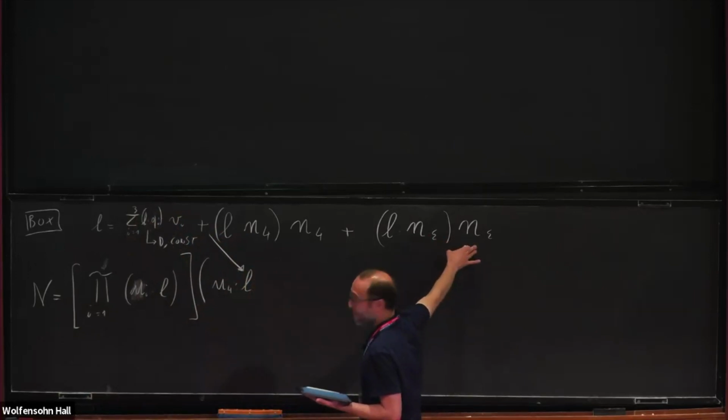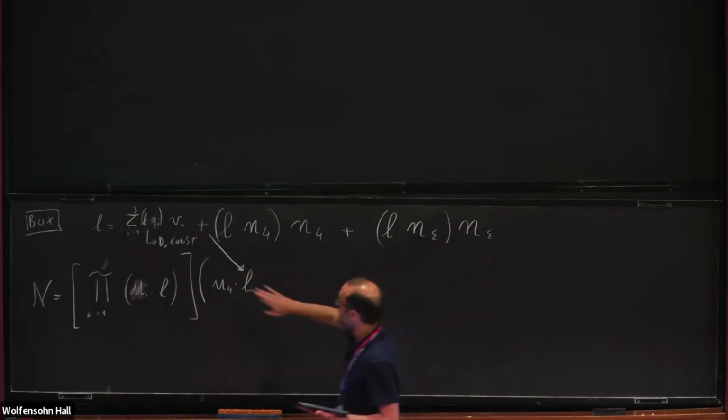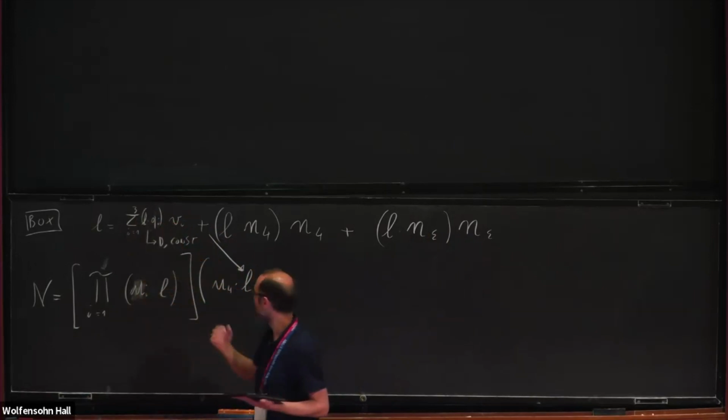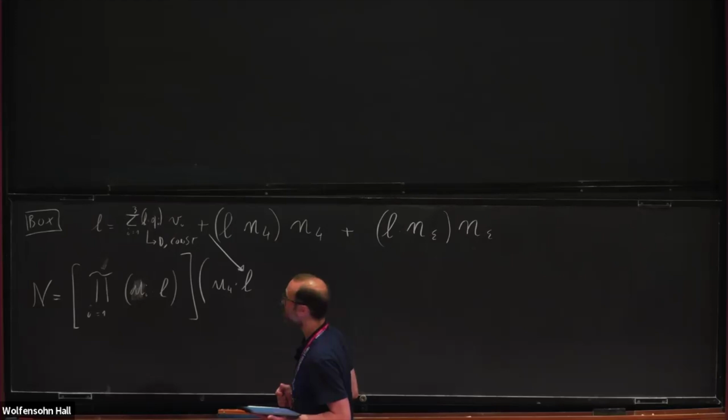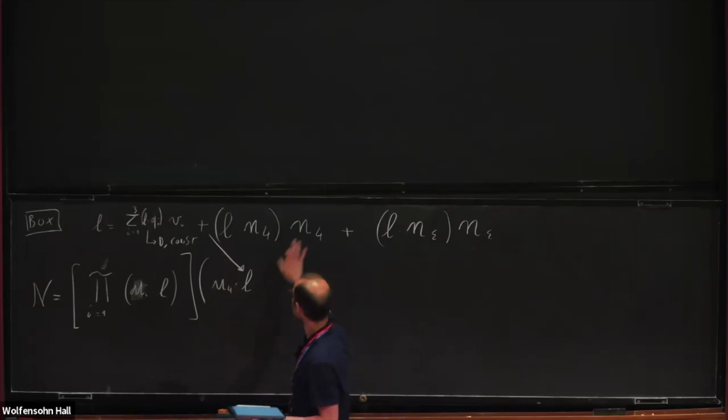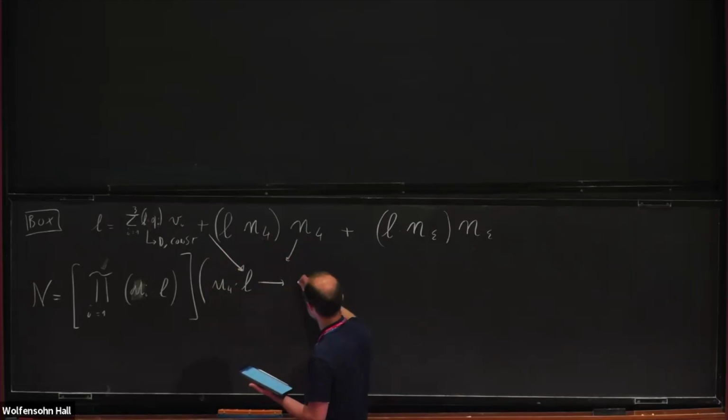This term decouples. This term gives rise to lower rank objects. But there is an annoying part now that we didn't have before. Before, this was enough to go down. Now we have this term here, which gives rise to n4·u4 and then l·n4.